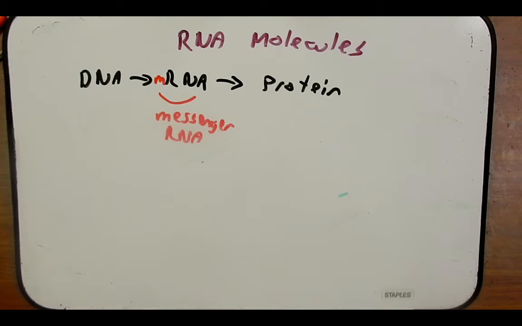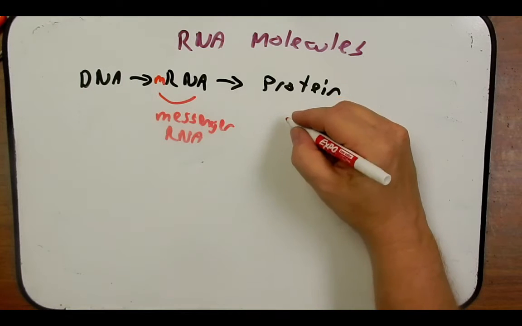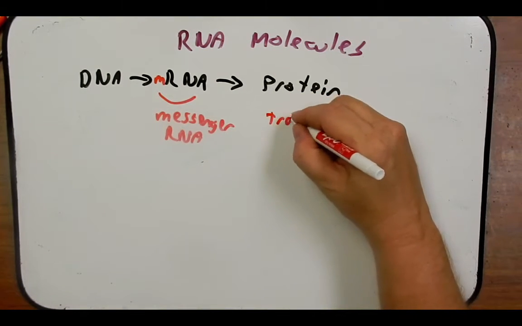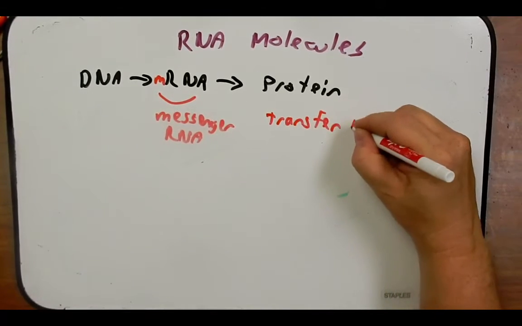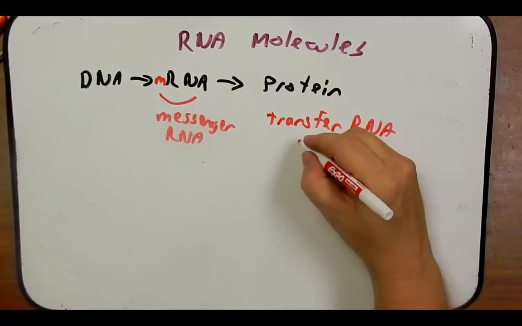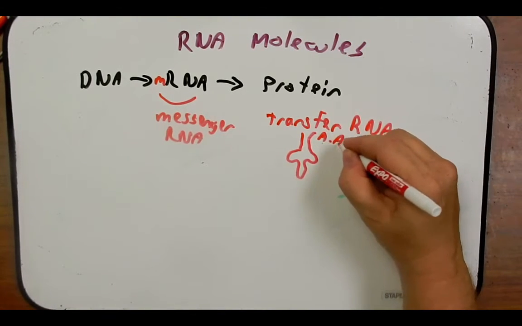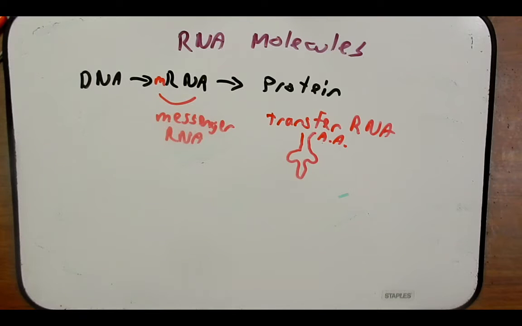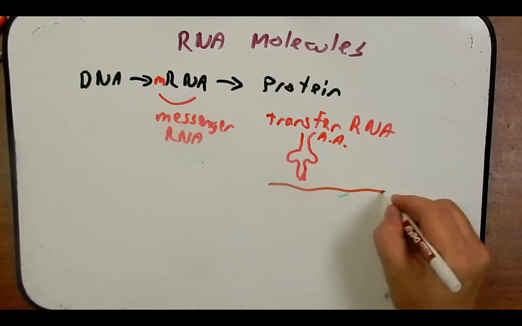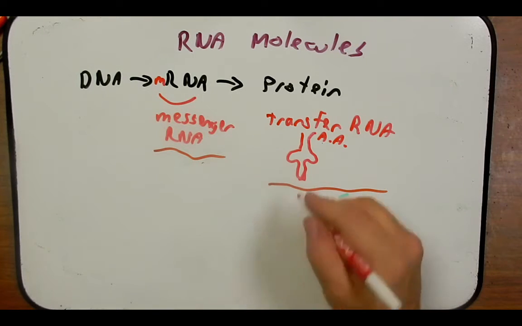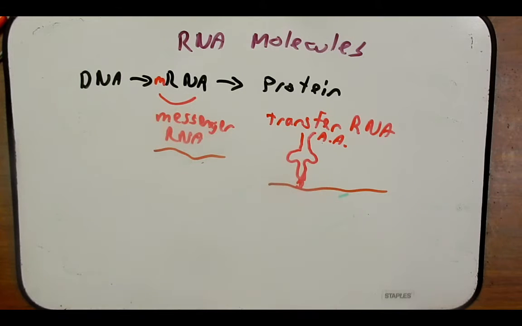Then in the process of making the protein, two of our other RNA partners come into play. Transfer RNA. And remember, this is the molecule that brings in the amino acid during translation because it matches up along the messenger RNA, like so, at this region here between the anticodon and the codon.